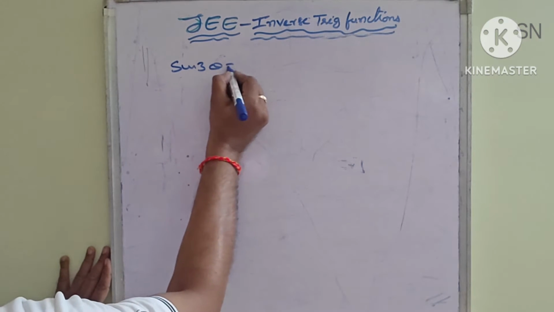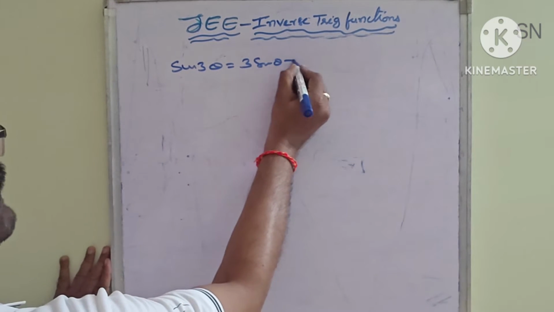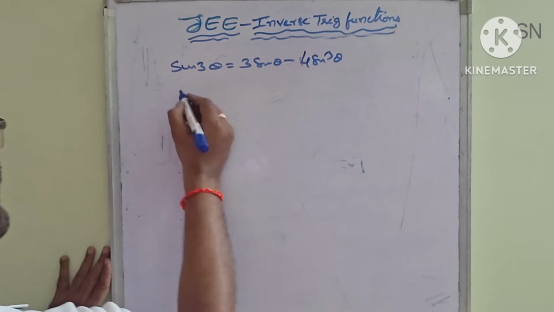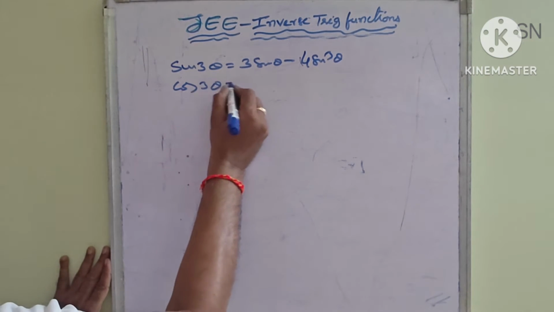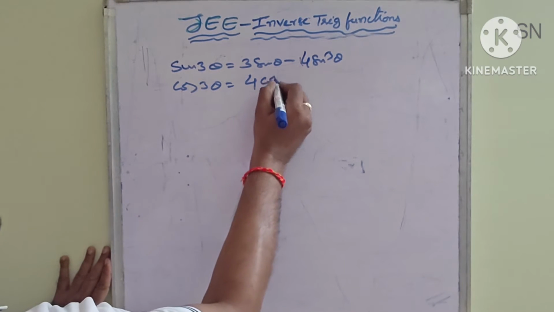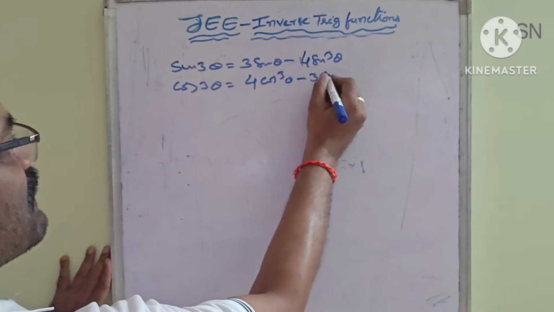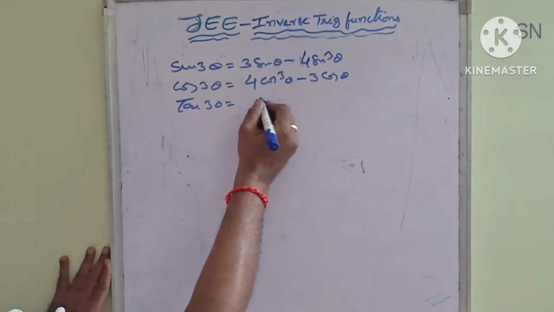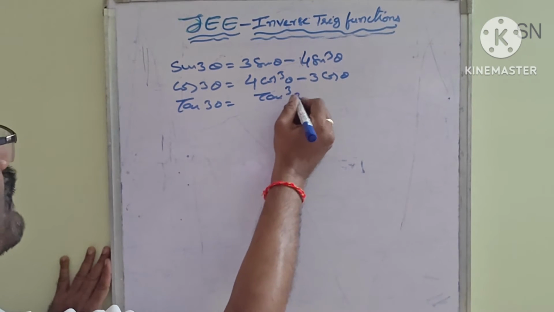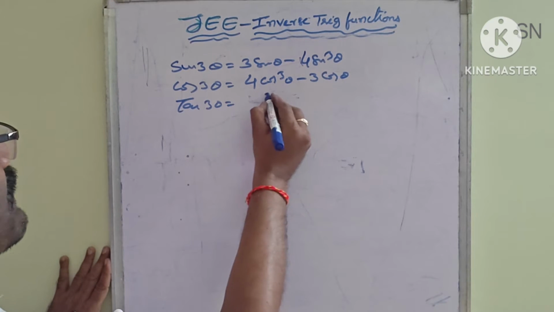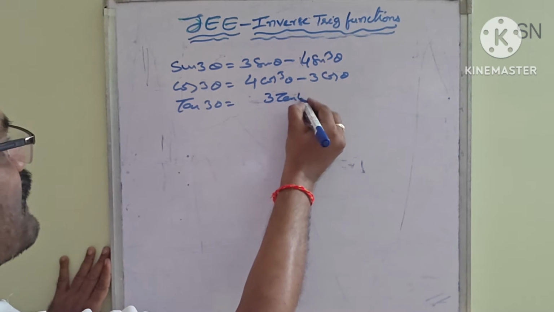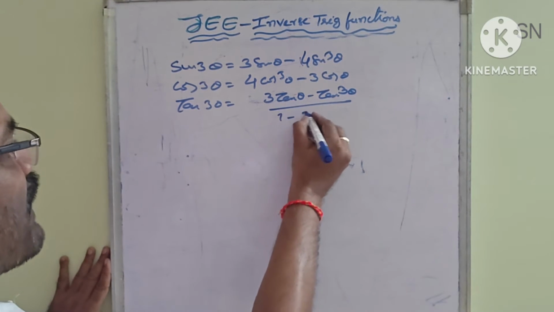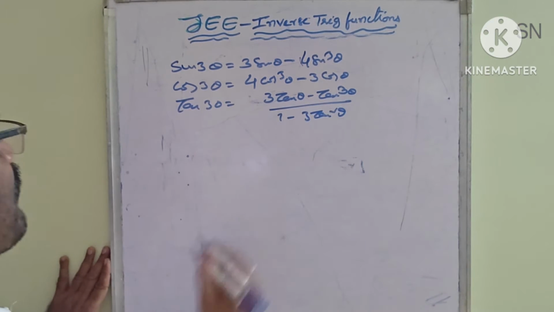3 thetas. Sin 3 theta is equal to 3 sin theta minus 4 sin cube theta. Now cos 3 theta is equal to 4 cos cube theta minus 3 cos theta. Now tan 3 theta is equal to 3 tan theta minus tan cube theta by 1 minus 3 tan square theta.